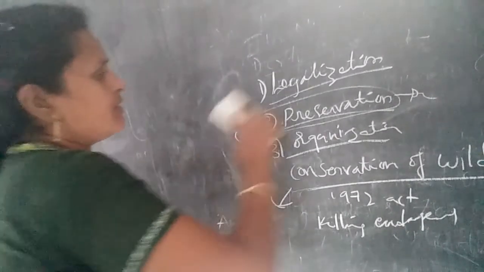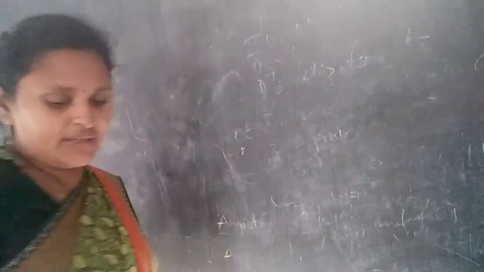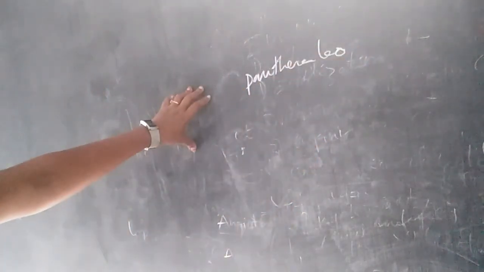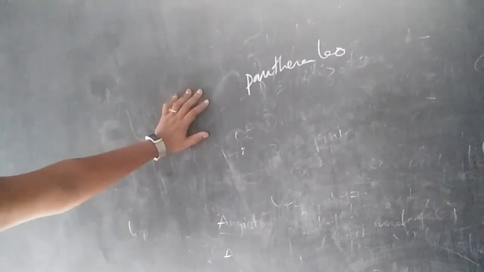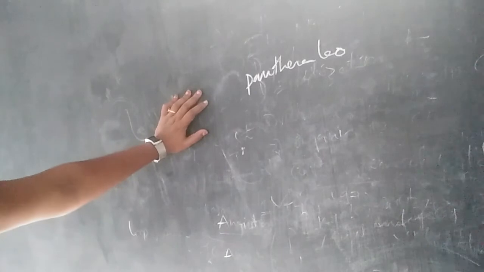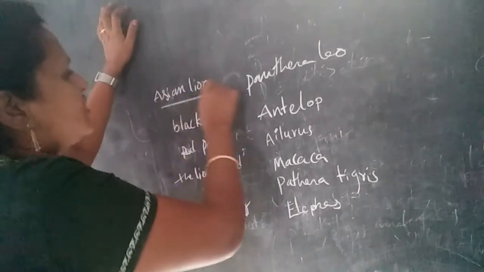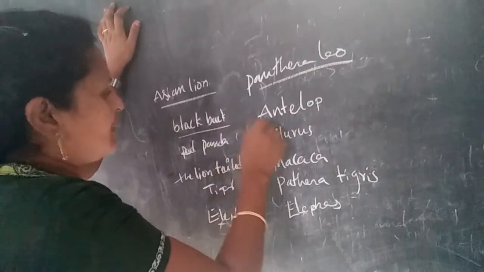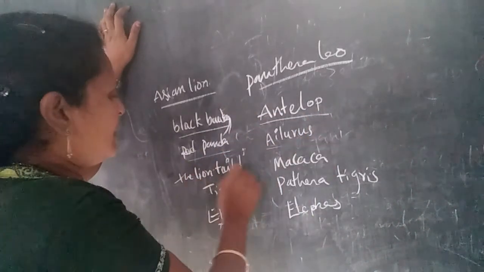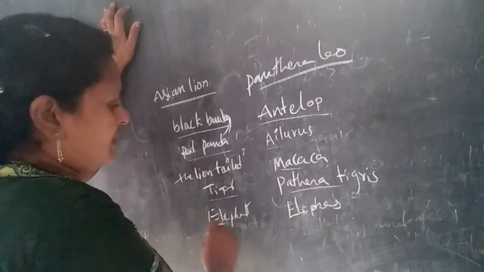The threatened species in India are: the Asian lion, Panthera leo; the blackbuck, an antelope; the red panda, Ailurus; the lion-tailed macaque, Macaca; the tiger, Panthera tigris; and the elephant, Elephas.